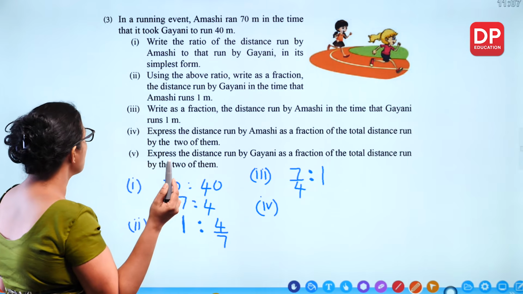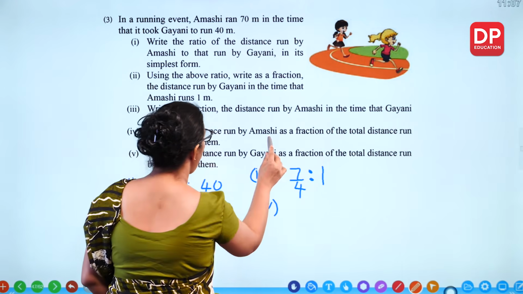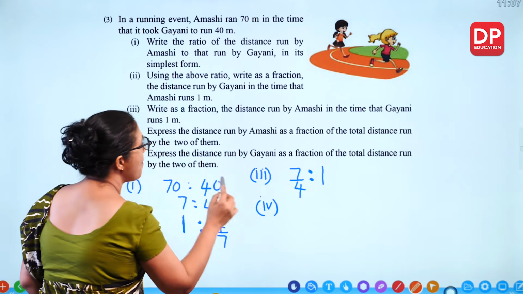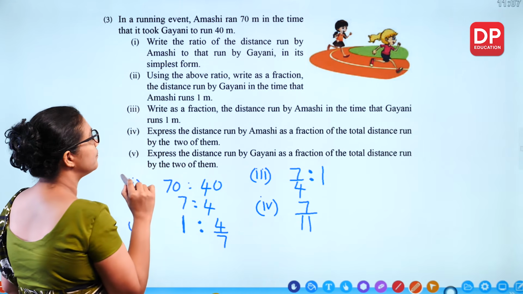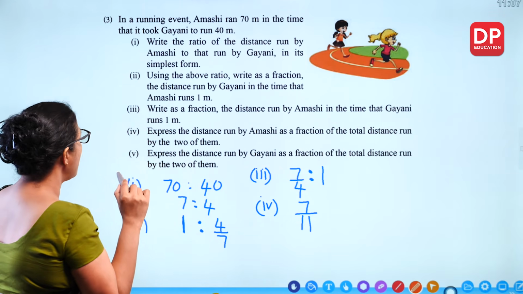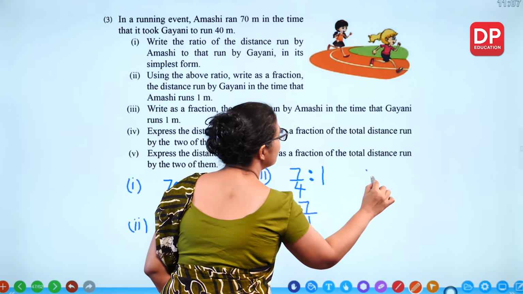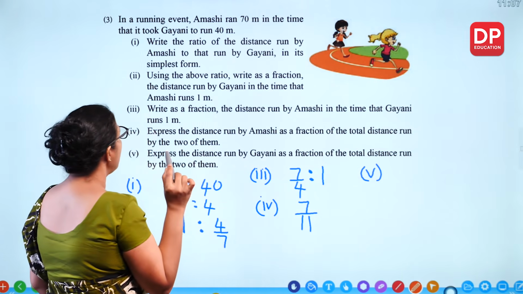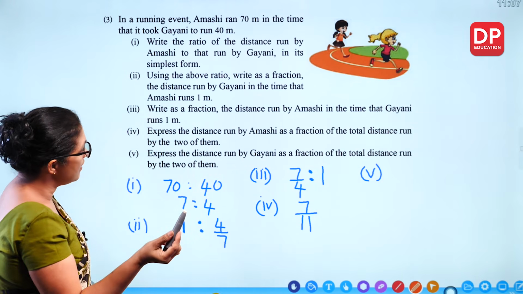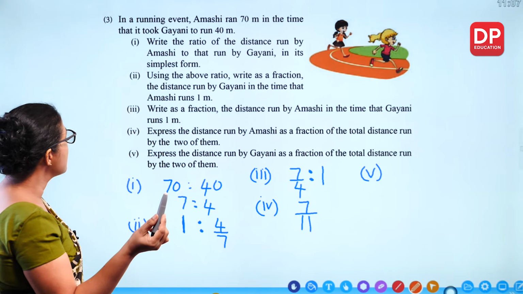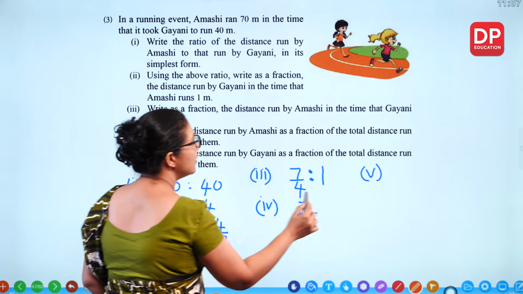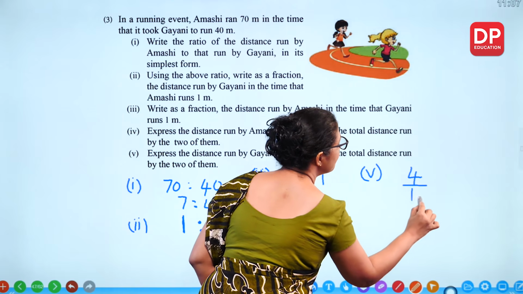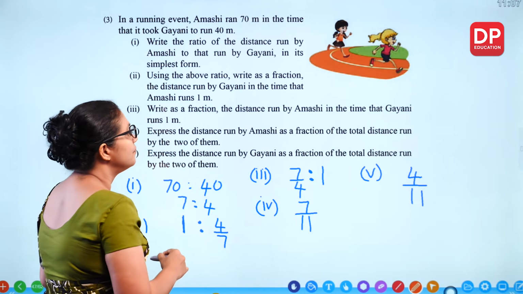So as a fraction, the distance run by Amashi is 7/11. And fifth one, express the distance run by Gayani as a fraction of the total distance run by the 2 of them. That's 4/11.